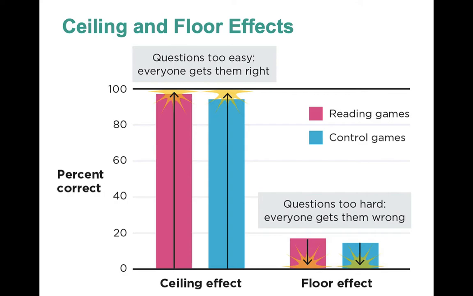So what you want to do with your dependent variable, if you're assessing performance, whether that's learning or retention or understanding or skill mastery, is have your assessment be at a moderate level, so that if you've got some intervention that should result in an improvement in performance, you've got room, you don't hit a ceiling right away.